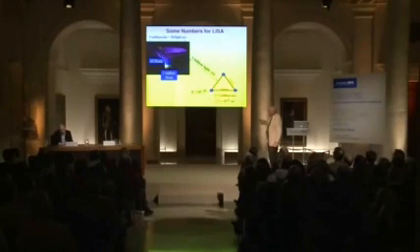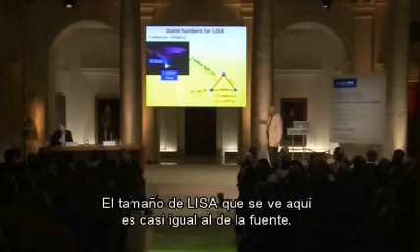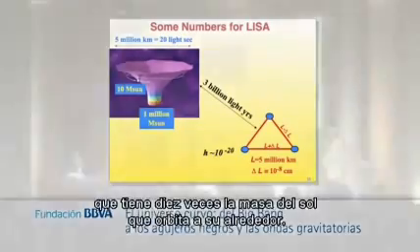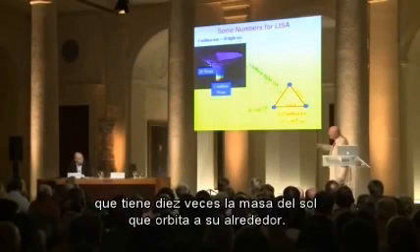Just some numbers. The size of LISA shown here is about the same as the size of the source. A black hole that weighs 1 million times what the sun weighs, with a small black hole 10 times the mass of the sun orbiting around it.